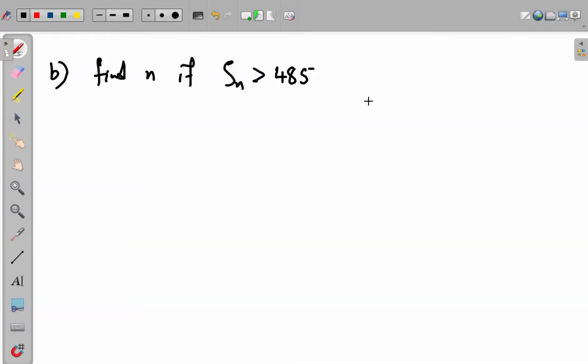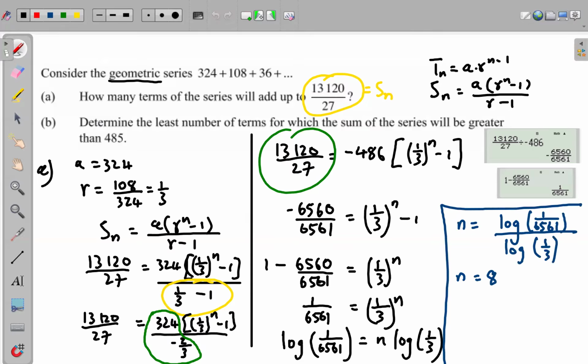So that's what we are asking. This is the mathematical notation of the question. You see it's asked in simple English here. Determine the least. The word least means small, right? So the smallest number of terms for which the sum of the series will be greater than 485.